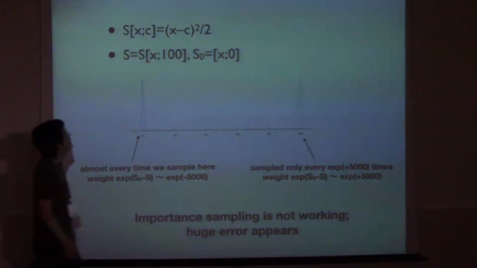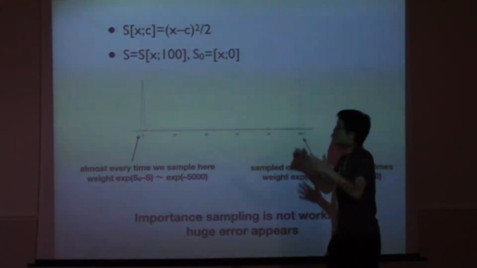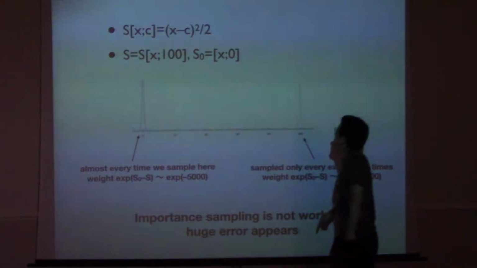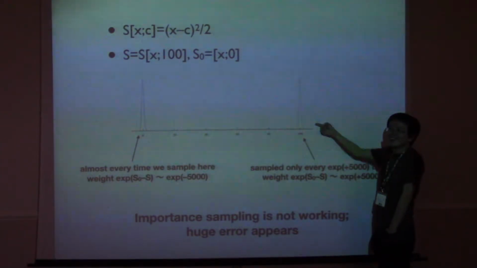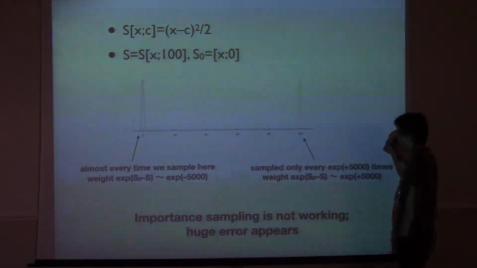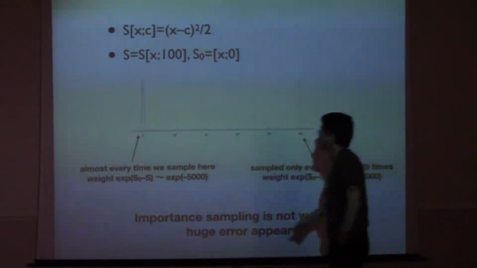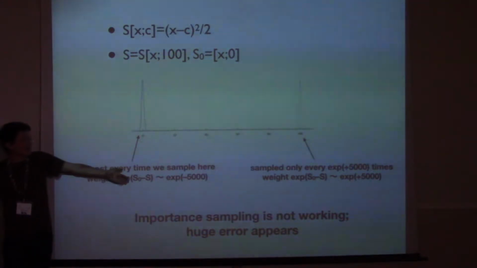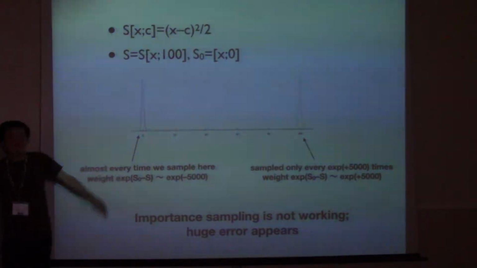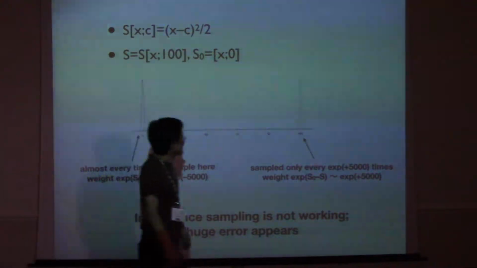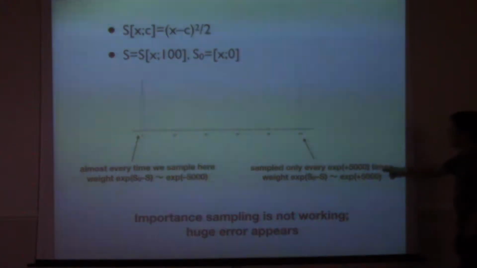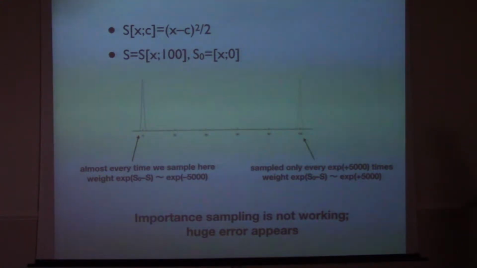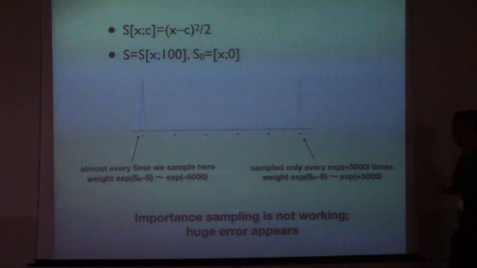Because we are doing importance sampling, we sample only these configurations, but the actual distribution we want is over here, and there's almost no overlap. We almost always sample configurations where this weight is very small, exponential minus 5,000. Every once in a while, about every exponential 5,000 times, we pick up a configuration that gives a huge weight, and it dominates the path integral.